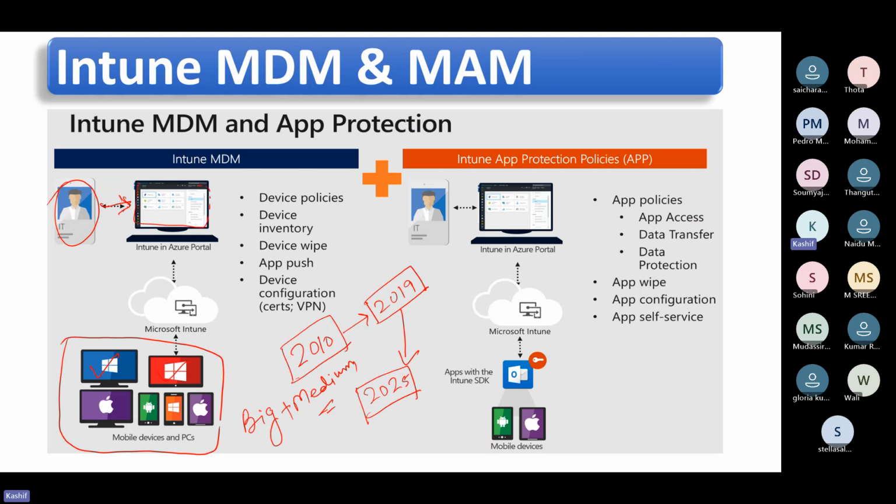Inside the Intune console, you will have thousands and thousands of devices. For example, you may have 10,000 or 100,000 devices in your organization, and you can control them. You can deploy policies, get the device inventory, factory reset a device, deploy applications, and deploy configurations.